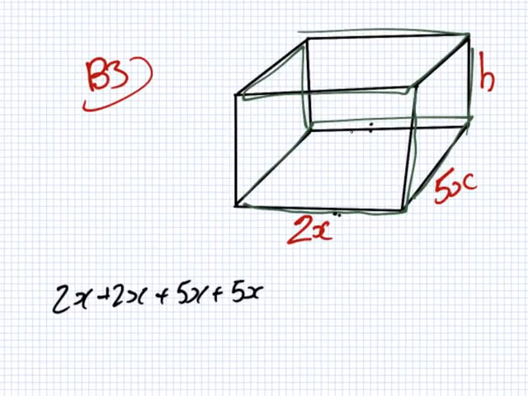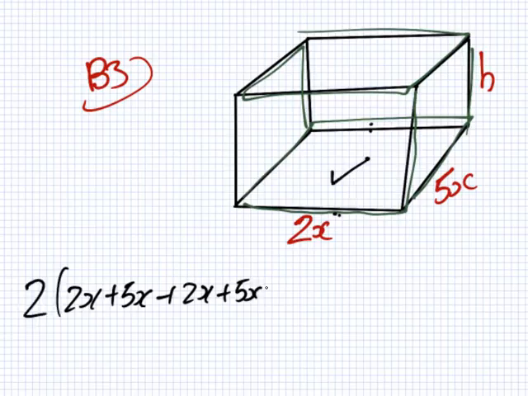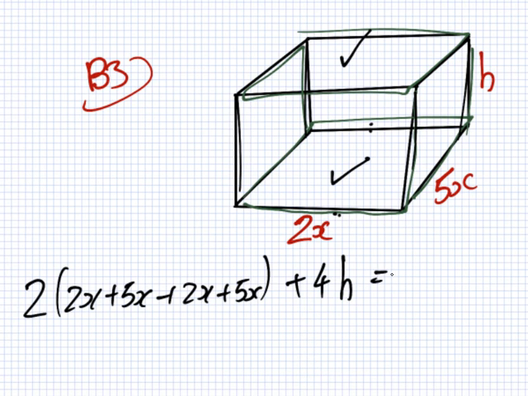So 2x plus 2x plus 5x plus 5x. That's the ground, yeah? I'll do it again. 2x plus 5x plus 2x plus 5x. That's the ground. But we have two of these because there's one on the top. And then we have these four here, which is 4h. 756.